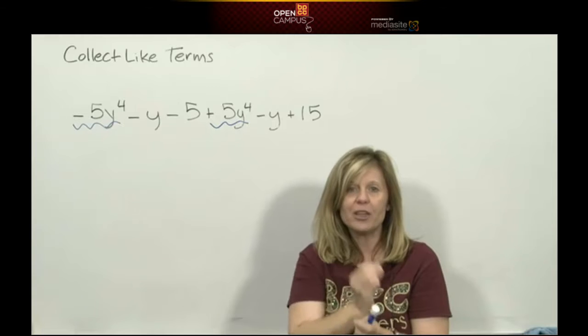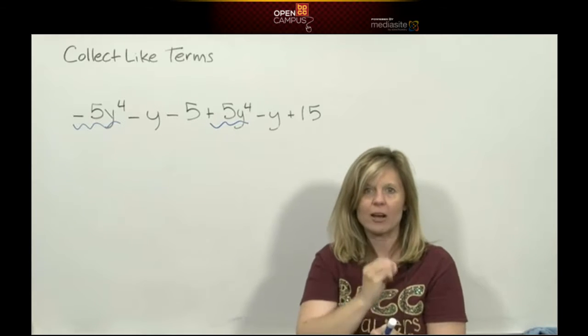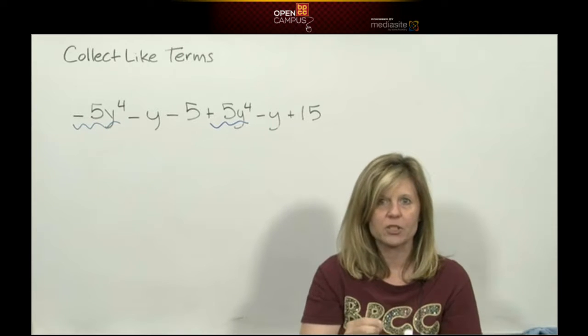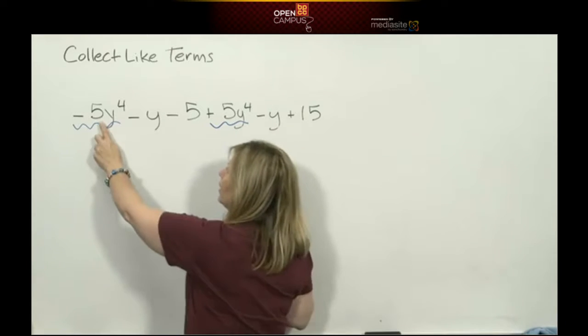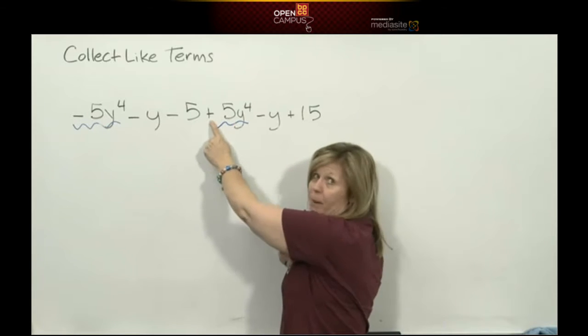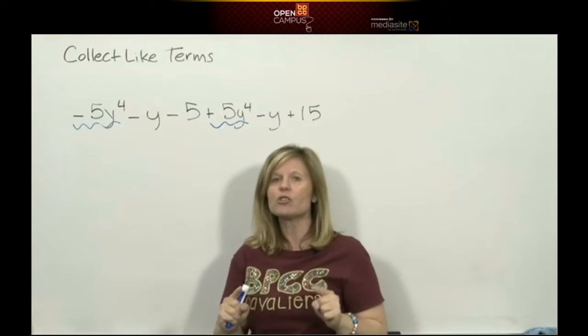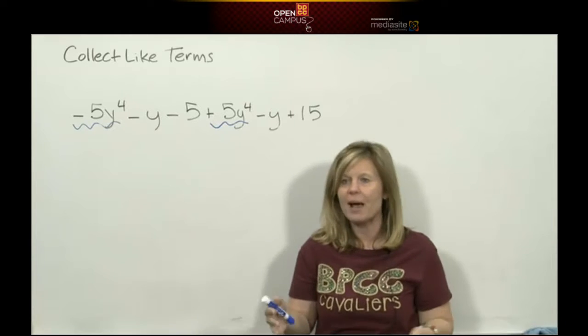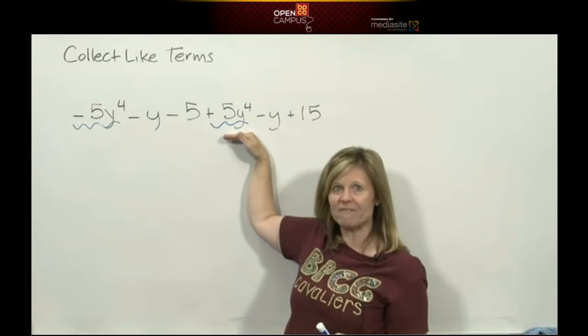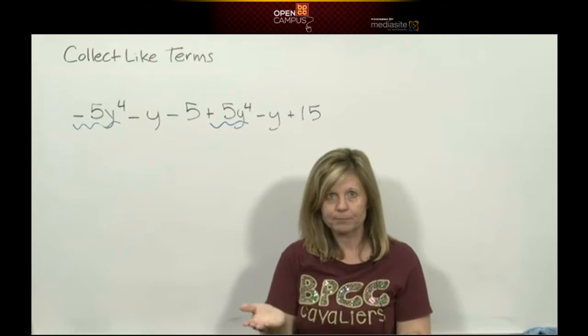Now, to put them together, we have to decide, do we add or subtract? It depends on the signs of the numbers in front. This 5 is negative. This 5 is positive. If the signs are different, you subtract. So think about it. If I lose 5 and then I get 5, I'm evened out.